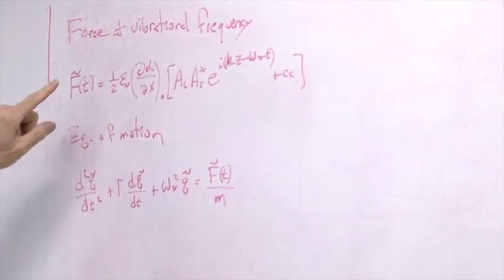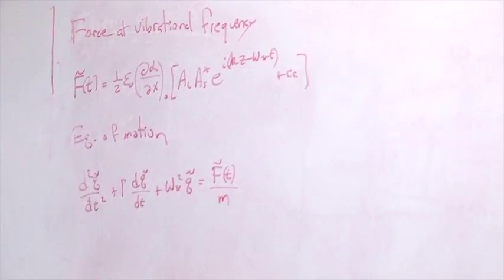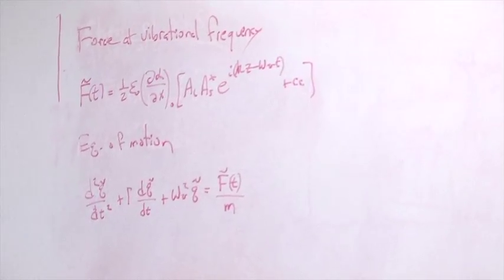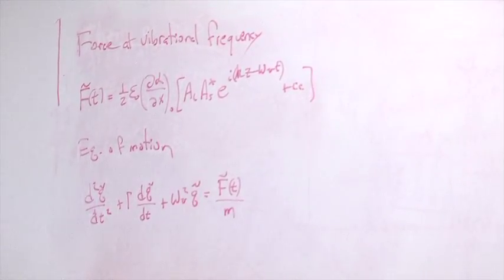And we now know what to use for f of t. So we now just solve this for the sinusoidal steady state.